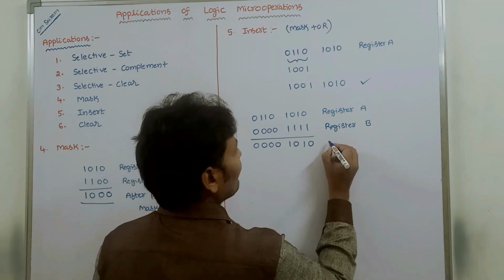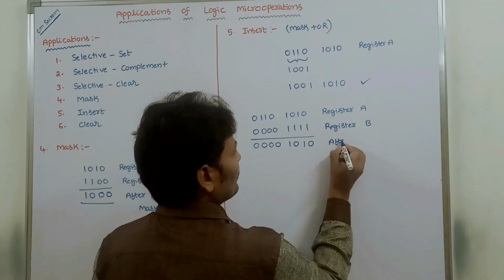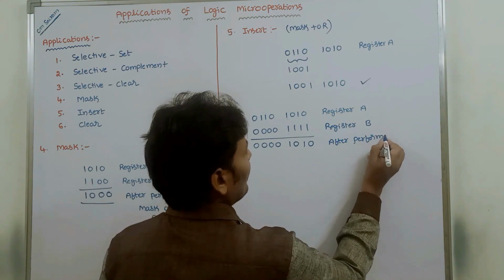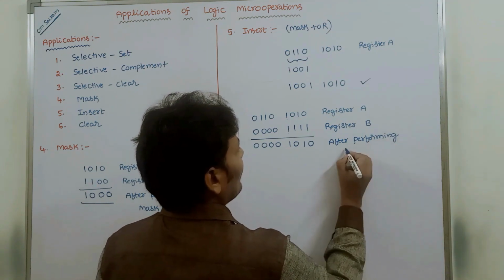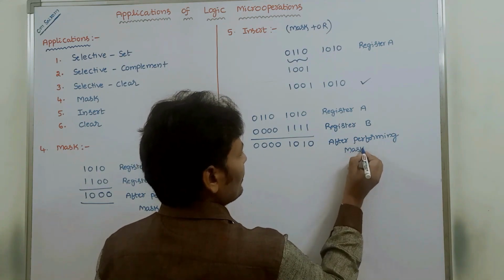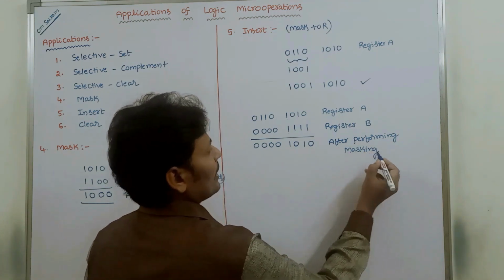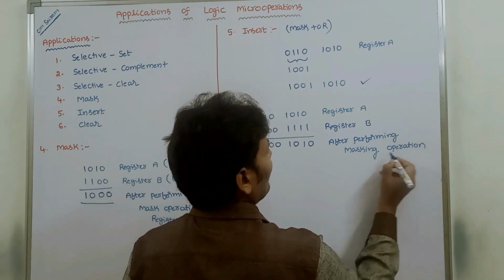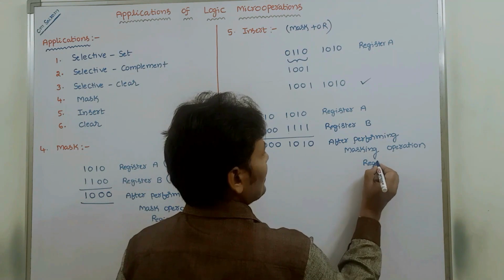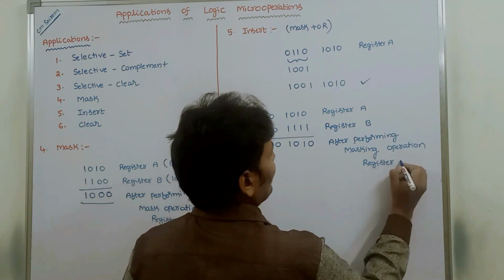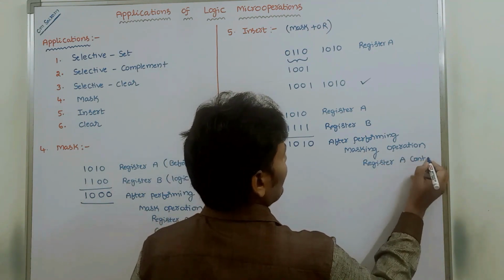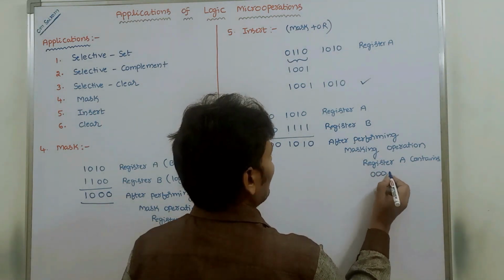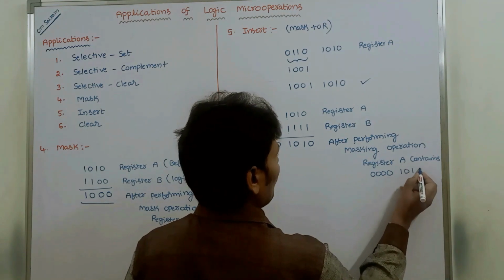So after performing masking operation, register A contains 0 0 0 0 1 0 1 0.